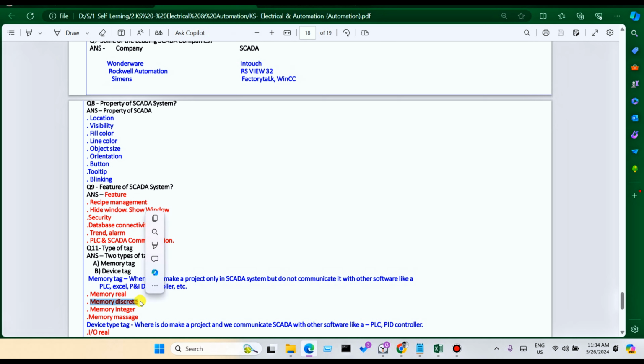Memory discrete means zero or one. Memory integer means minus 32767 to plus 32767. Memory message is a combination of characters.